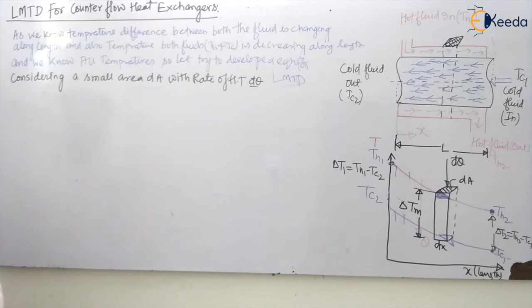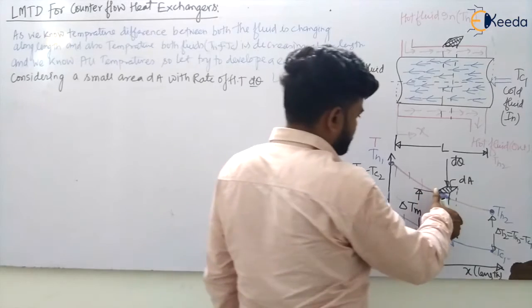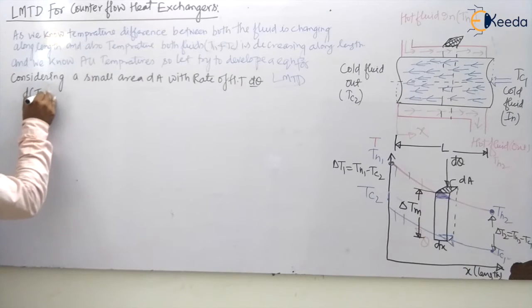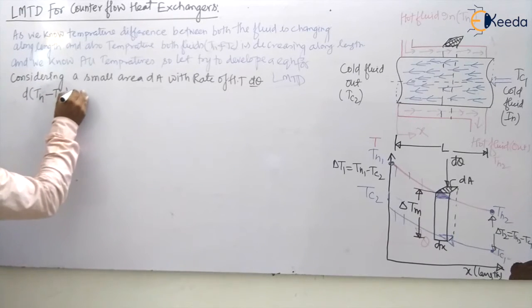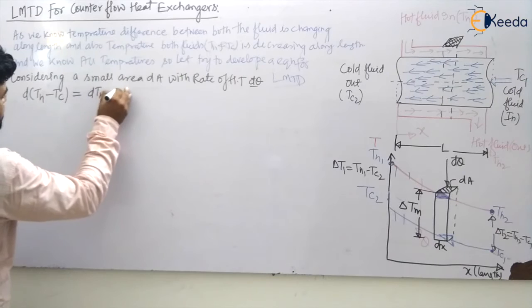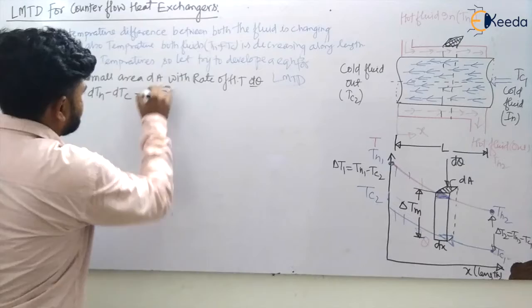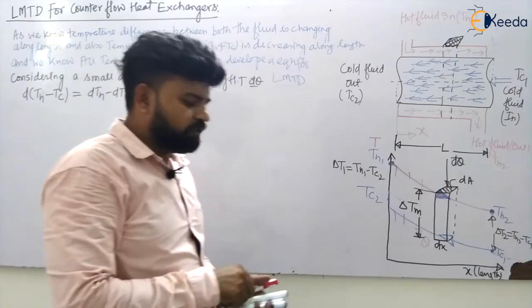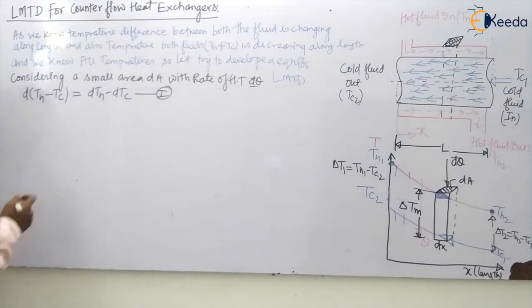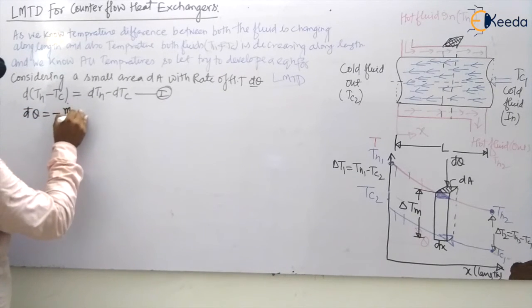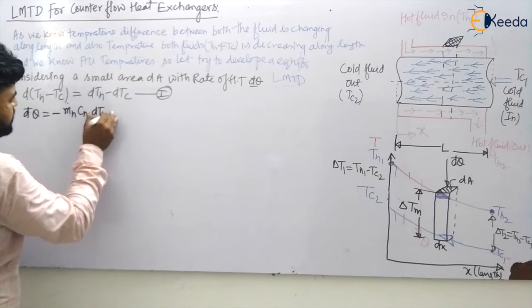So what will be the temperature difference for this particular element? The temperature difference for this particular element, TH minus TC, will be equal to d of TH minus d of TC. Okay, my dear students, so this will be our first equation. As the temperature of both the fluids is decreasing in the x direction, dq will be given by negative of m dot h Ch dTh.